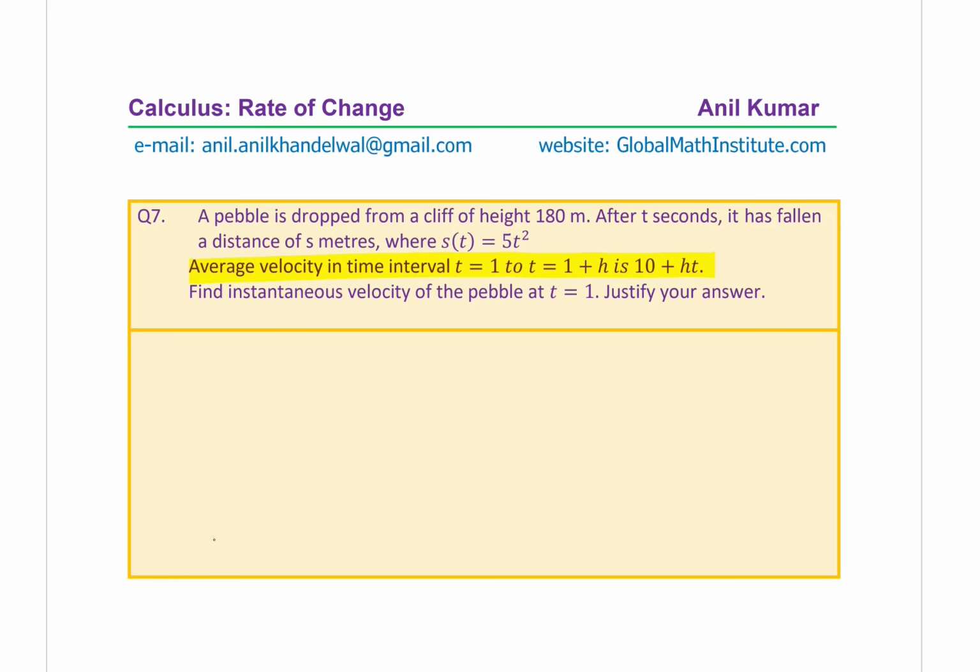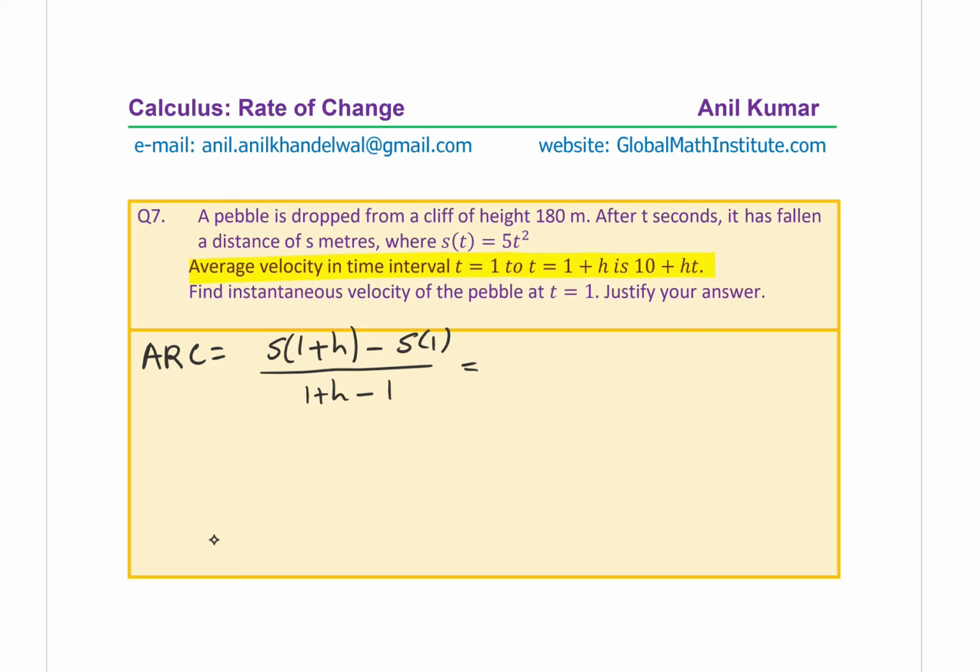So let's write down the average velocity again. The average rate of change, and the time is from 1 to 1 plus h. So we'll write this as s of 1 plus h minus s of 1, over 1 plus h minus 1, right? So that is what we're going to write.